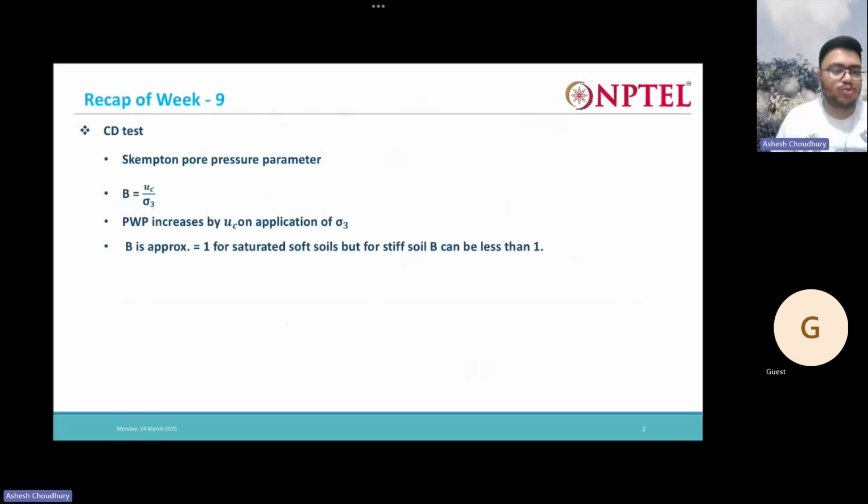We are defining this B parameter in the CD test only, because as I said, in the shearing stage our drainage valves are open and we shear the sample so slowly that the pore water pressures do not develop. So this B parameter is only related to the first stage, the consolidation stage of the test.